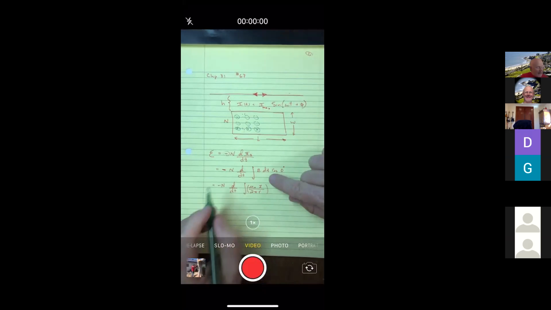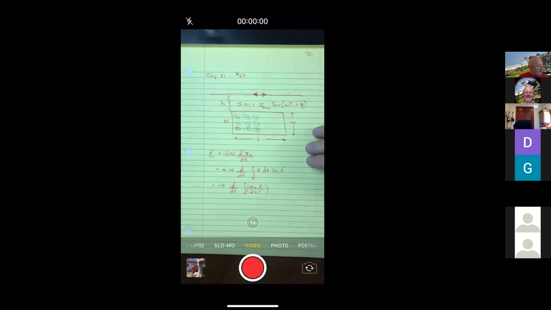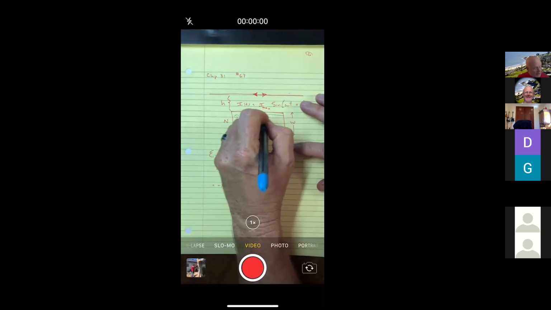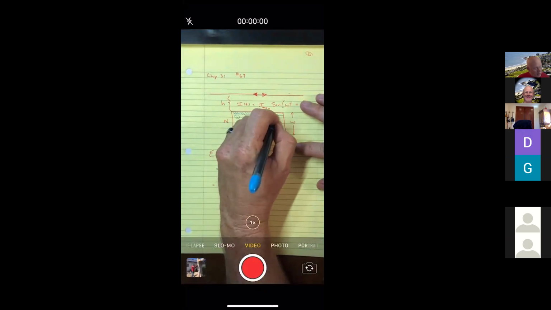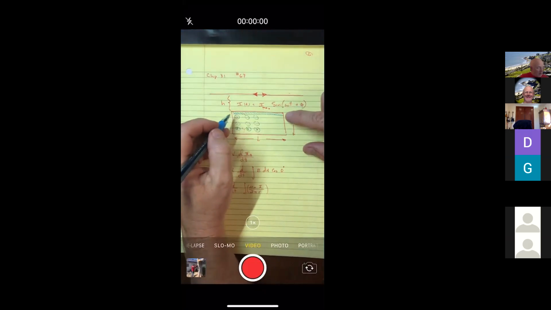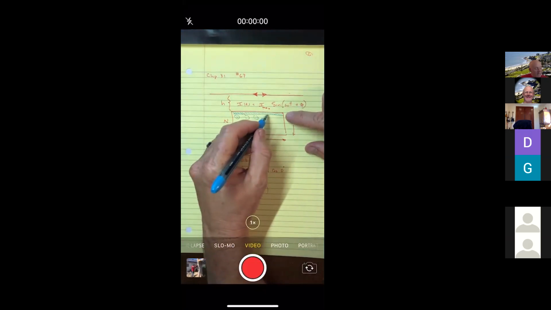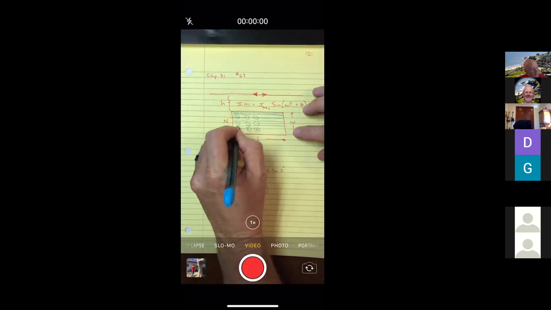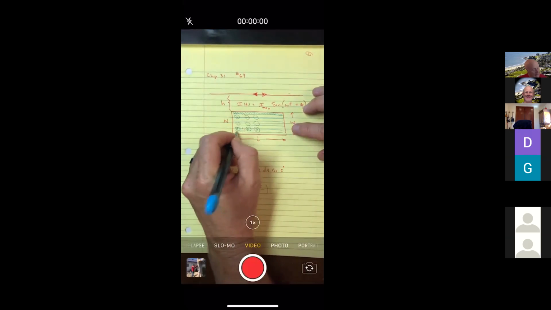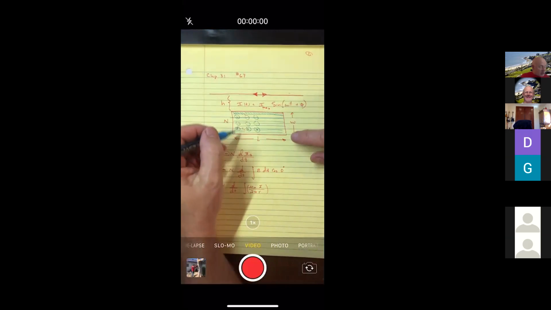So when we go to add it up, we probably want to take strips in this fashion, because a horizontal strip like this would all have the same strength of the magnetic field. Imagine chopping this into a bunch of strips and then adding up the flux in each strip.